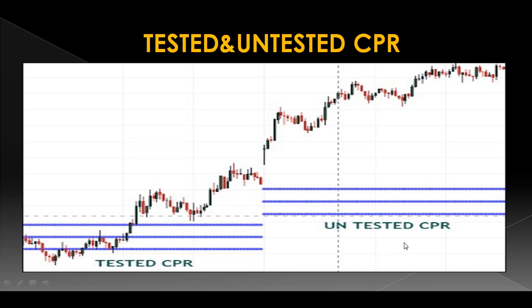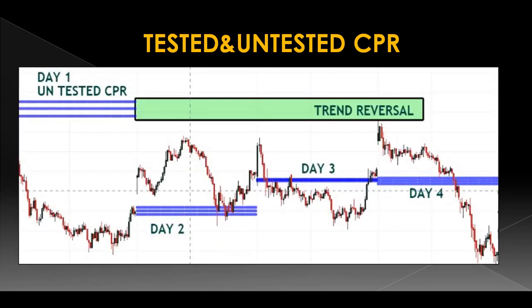Untested CPR means that from the day's start till the end of the day, no candles have tested the CPR levels. That is called untested CPR.